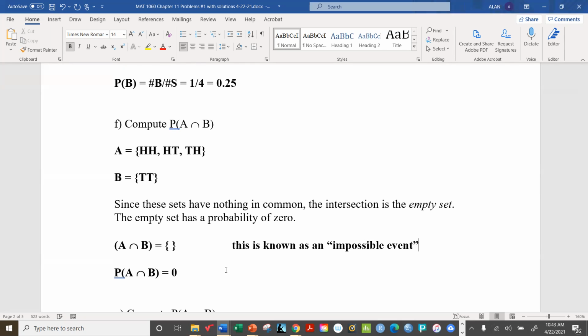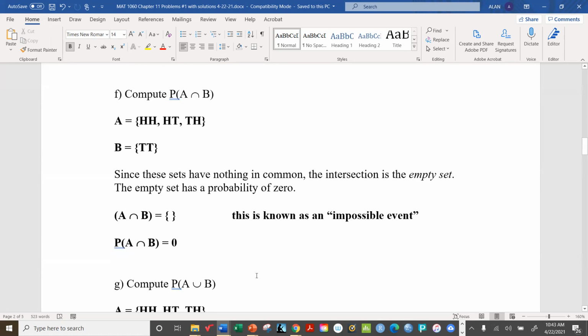It can't happen. Therefore, the intersection is empty, and the probability of this intersection is 0. All right. So we're not terribly excited about vocabulary in this class, but certain key terms you should be aware of.